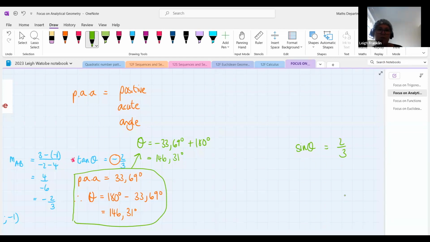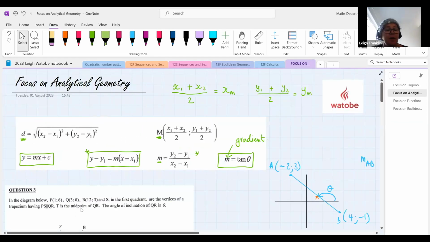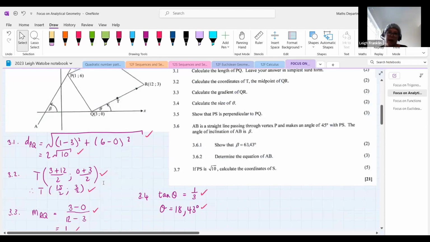You're going to have one solution in the first quadrant where your solution is the same as your PAA or your reference angle. Does that make sense to you? And then you're going to have another solution in the second quadrant where you're going to have 180 minus your PAA or 180 minus your reference angle. It's exactly the same idea as this. So in other words, when your gradient is acute, like it was in this case over here, theta is your PAA.